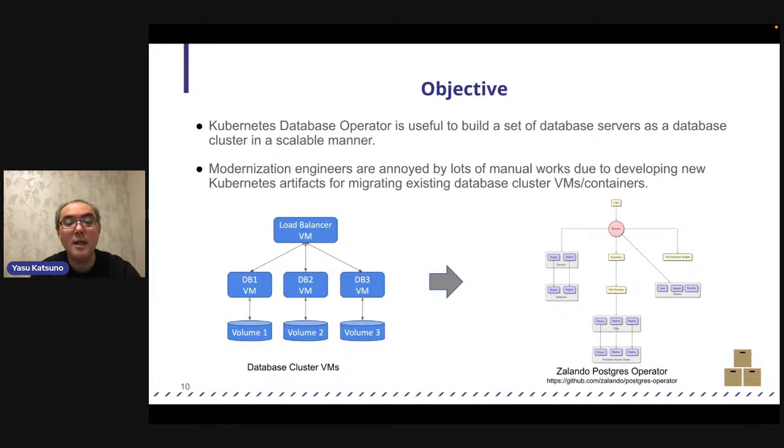That is a YAML file. So the YAML files should be prepared by engineers in order to deploy to Kubernetes. But on the left side, the VM world, there are no YAML files. So that is a pain point.